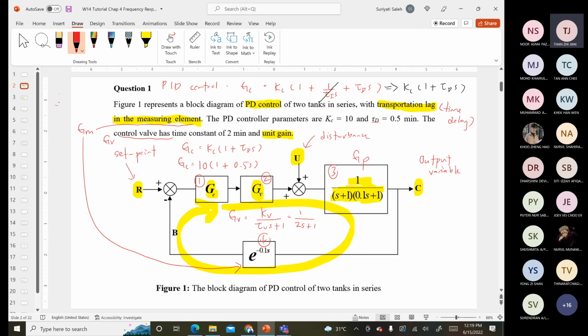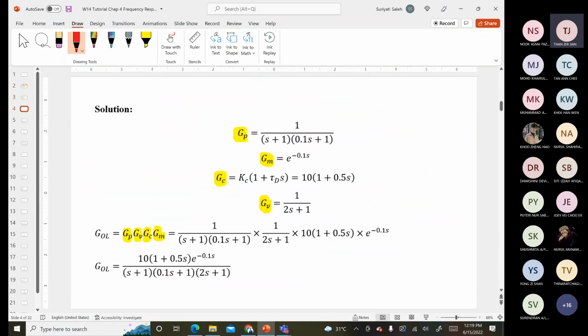The next step is to multiply all of the transfer functions. That's why we multiply the GP, the GV, the GC, and the GM, because all of the transfer functions are available in the loop. So we list all of the transfer functions available and multiply them.